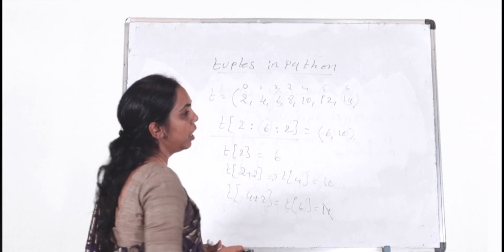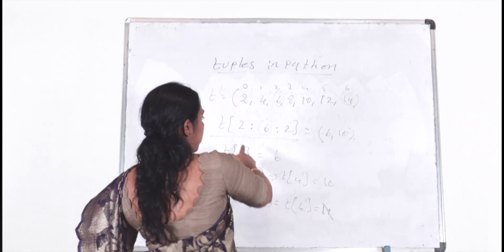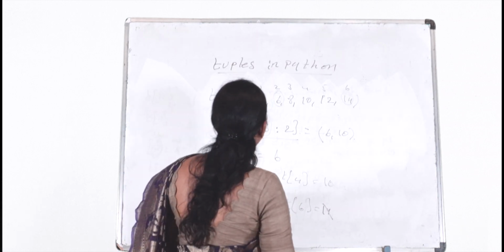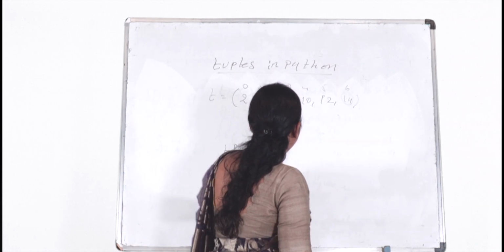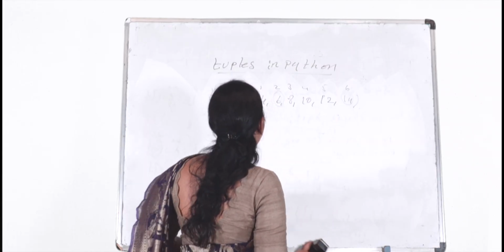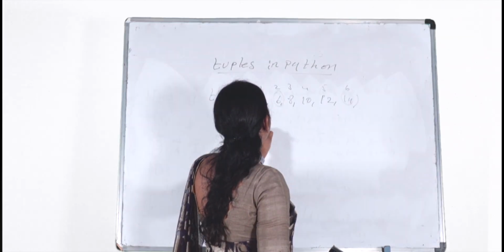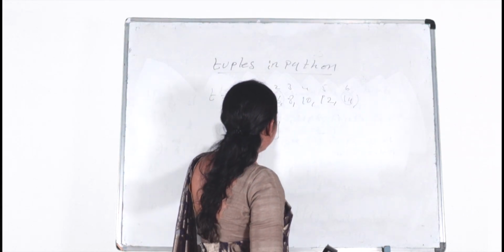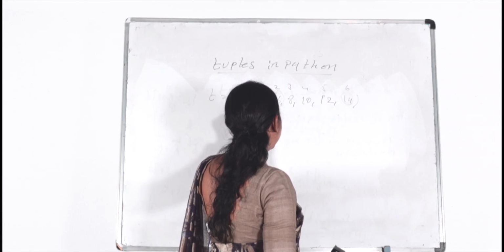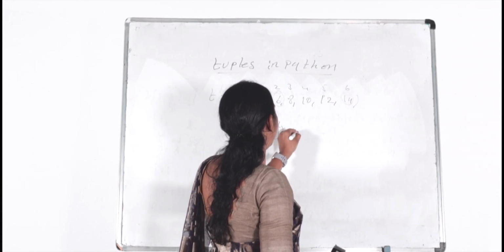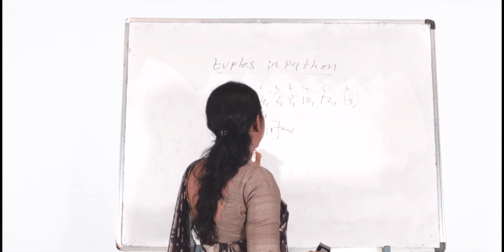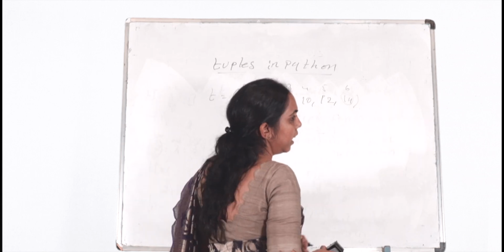This is how we can do slicing with a start, an end and a step. This is how we do slicing and ranging. Now, what happens when we go from higher to lower? Here the start is 2 and the end is 1. When the start is greater than the end, we get empty brackets, an empty tuple.